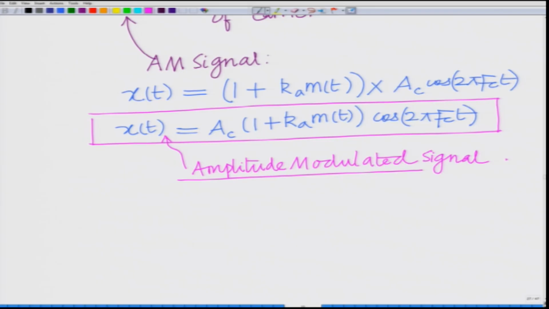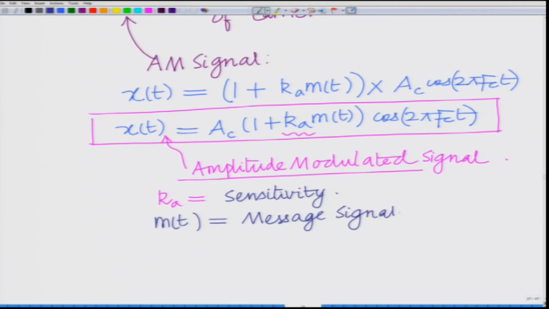Ac is the carrier amplitude, fc is the carrier frequency, and this constant Ka is also known as the sensitivity of this AM signal. And m(t) is the message to be transmitted, the message signal that we would like to communicate.